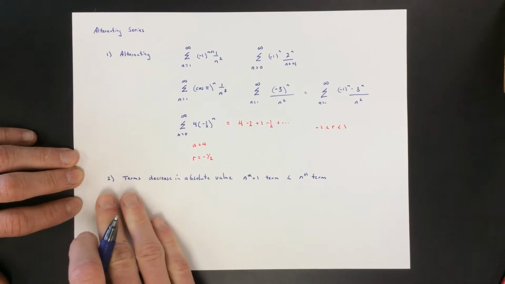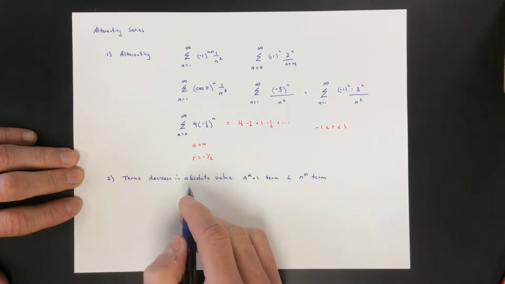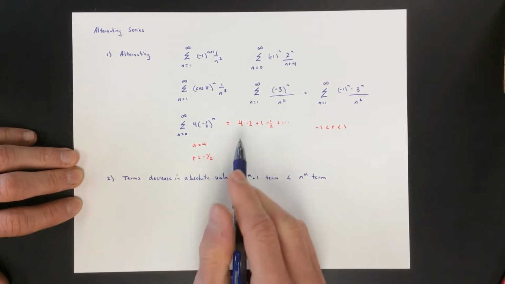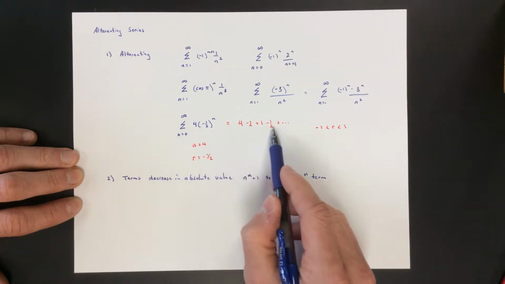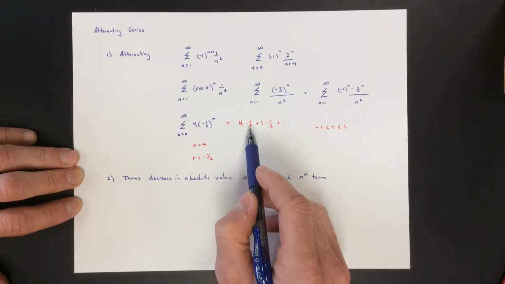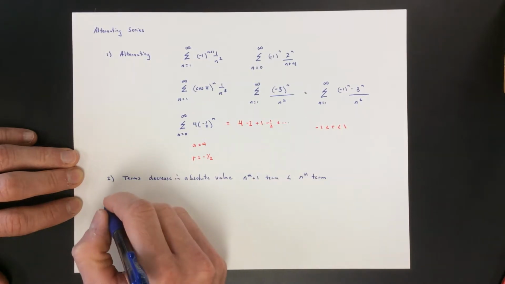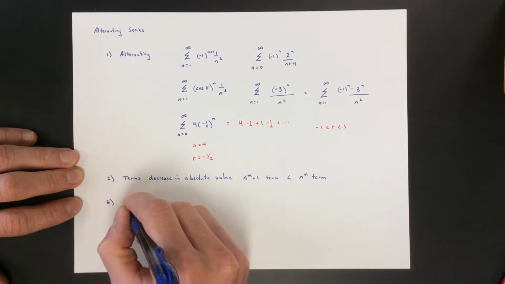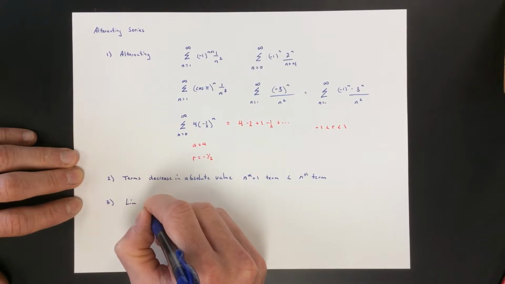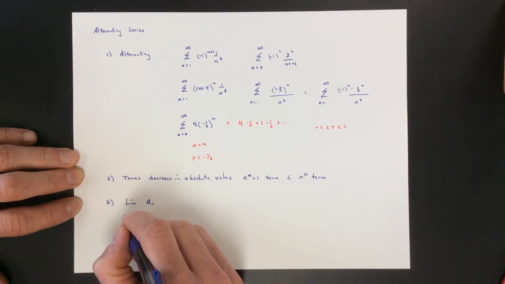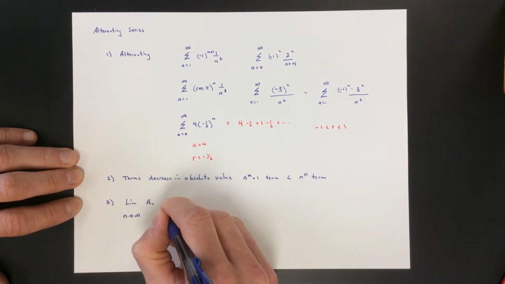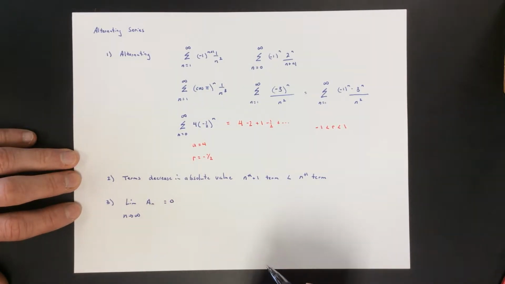So the terms are going down in value, and again, absolute value, because we don't care about the negative or positive in this case. We're just looking at, are the terms going down in value? 2 is smaller than 4, 1 is smaller than 2, half is smaller than 1. And then the third part, we need to make sure that the limit of a_n as n goes to infinity is in fact 0.